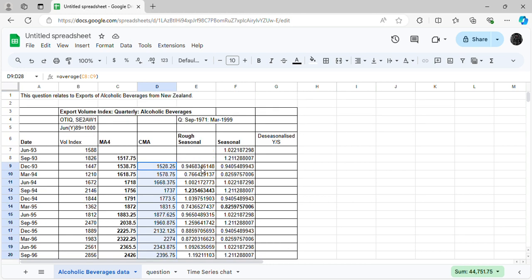Now for the rough seasonal, we divide the observed value by the centered moving average.